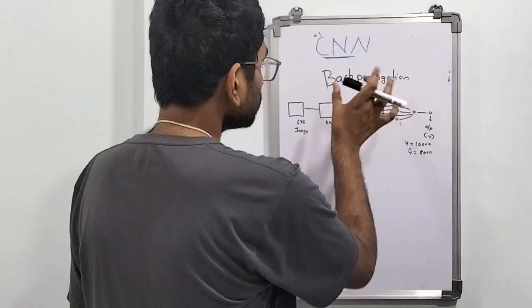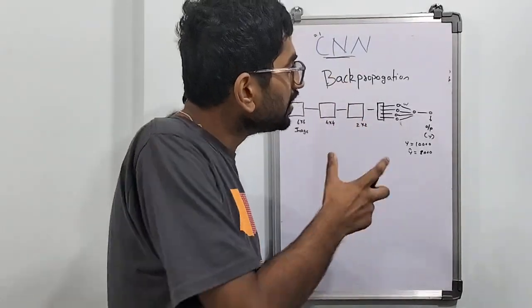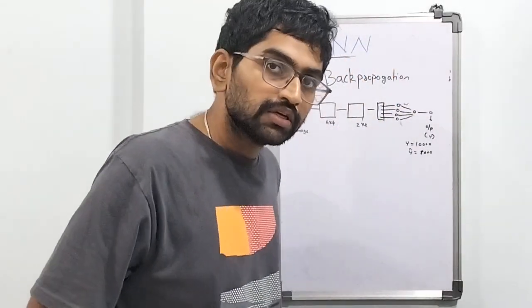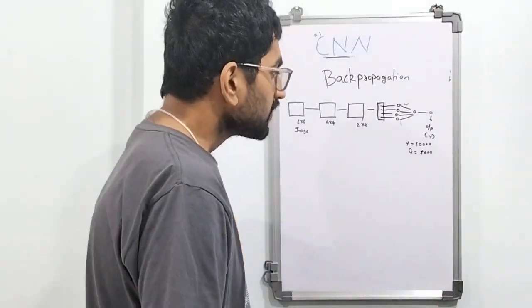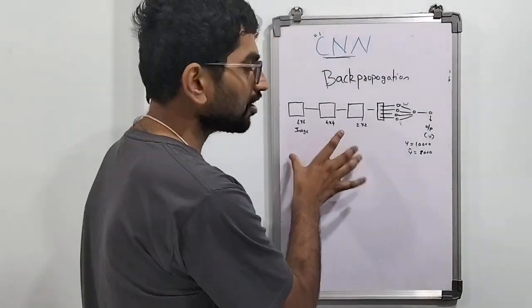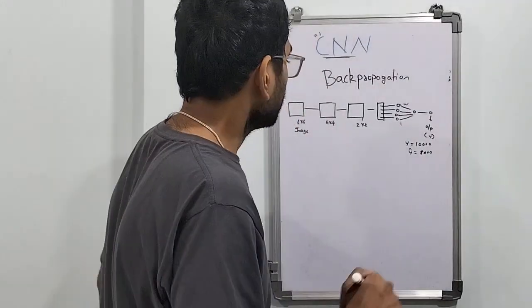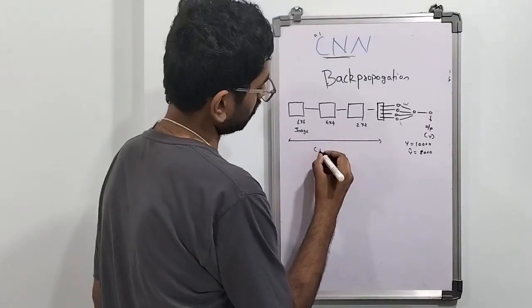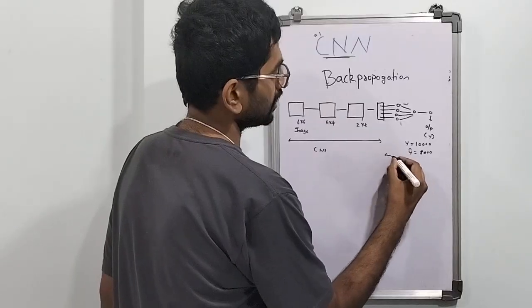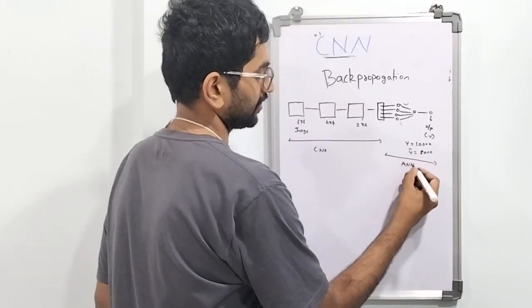Now let's start the concept of backpropagation. What is the meaning of backpropagation and how will we deal with it from the CNN point of view? Backpropagation is the concept where, let's say, I am using my convolution neural network. Till here it is the CNN process, and from CNN it goes to the ANN, the neural network process.